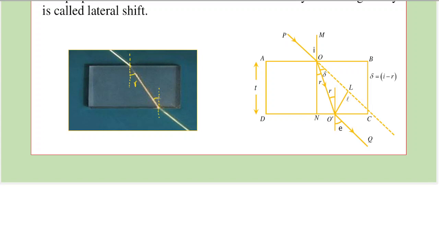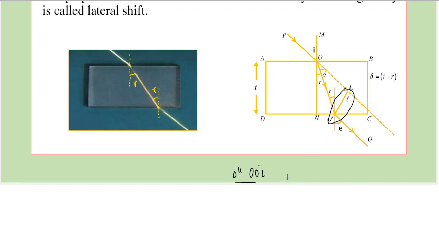Therefore, this angle would also be R by geometry. So from triangle O dash L, we want to find O dash L.